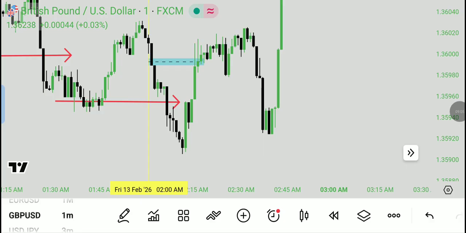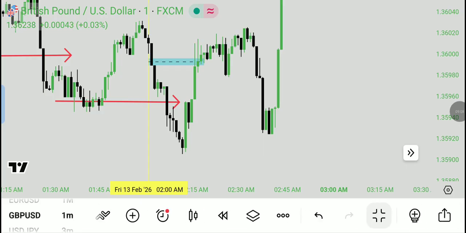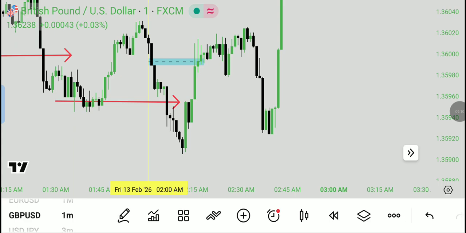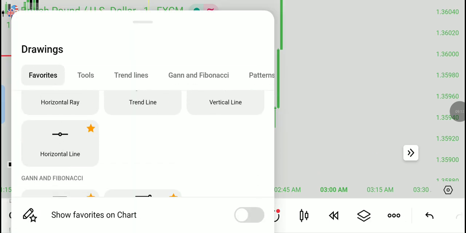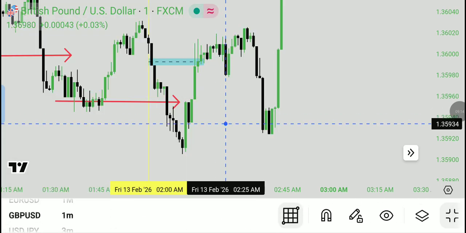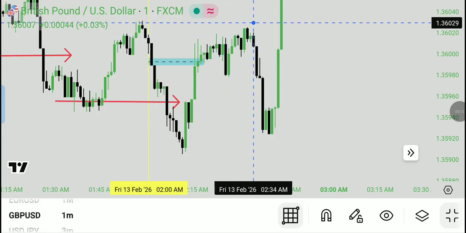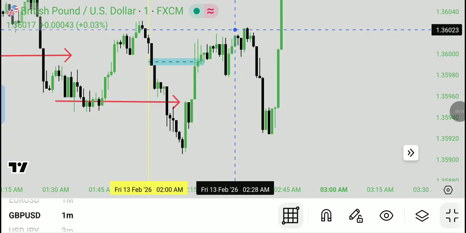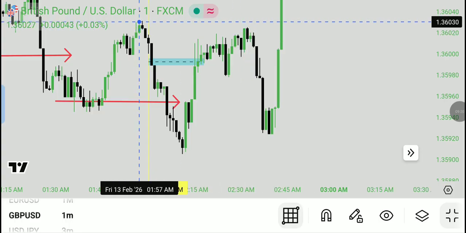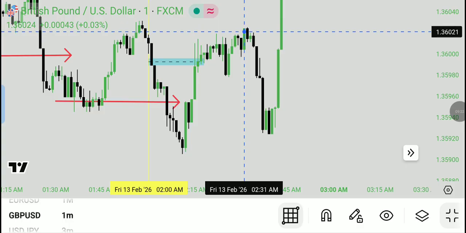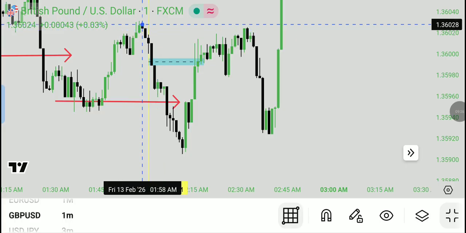Let's measure. You use your gang boss, measure from this high that did not take out this high. This is your premier buy side liquidity because it did not take this out.